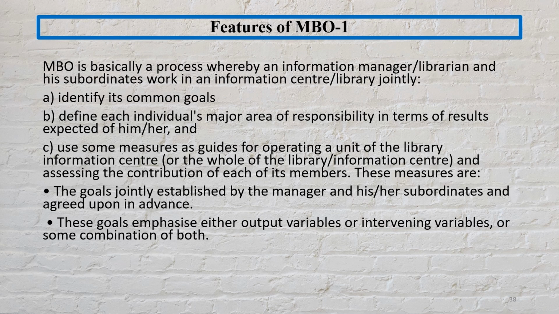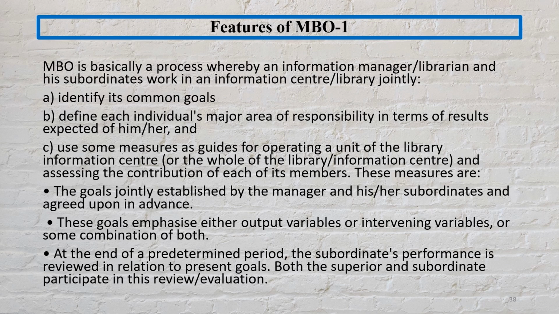These goals emphasize either output variables or intervening variables or some combination of both. At the end of a predetermined period, the subordinate's performance is reviewed in relation to the present goals. Both the superior and subordinate participate in this review evaluation.